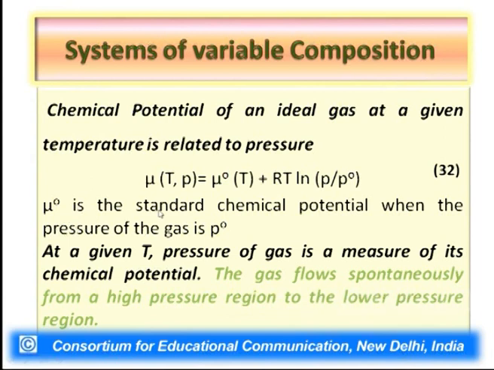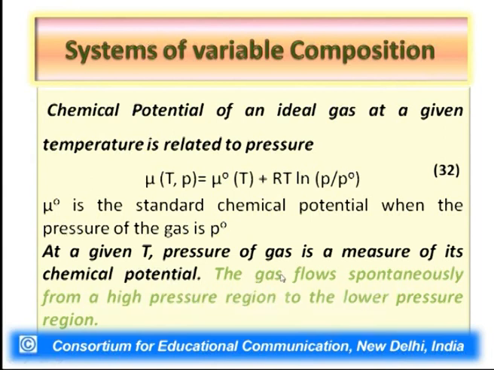Mu standard is the standard chemical potential; standard means any thermodynamic property under the condition of 1 bar pressure, that is, the chemical potential when the pressure of the gas is 1 bar or P standard. So mu(T,P) equals mu standard(T) plus RT ln P by P naught.